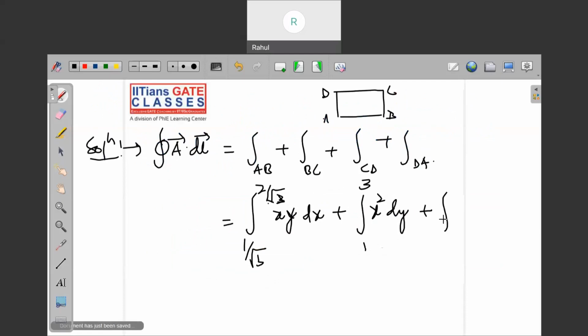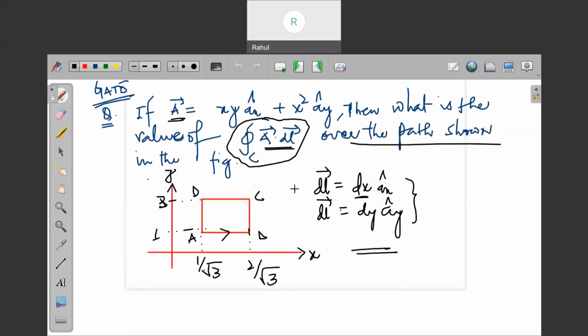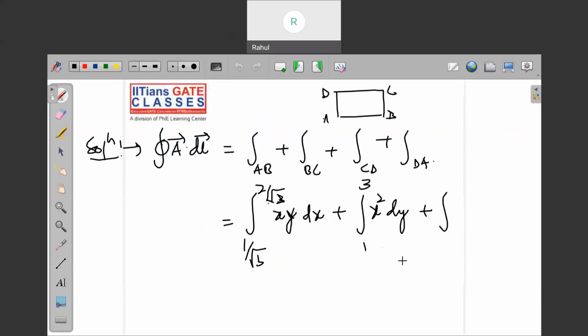Then when you are moving from C to D, C to D means you are in the x direction only. And this time the limit you have to take from 2 by root 3 to 1 by root 3. So this is going to be 2 by root 3 to 1 by root 3. Let me change the color here.